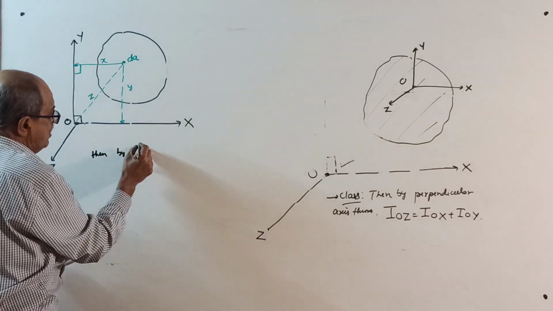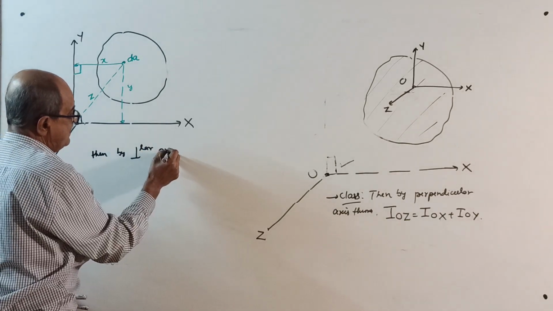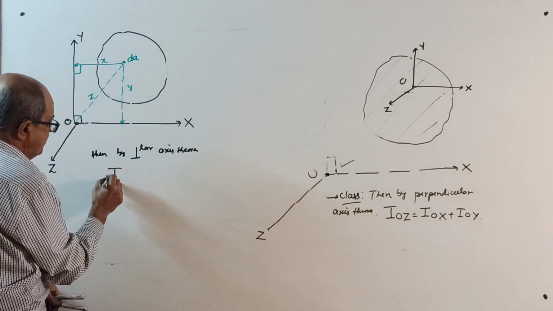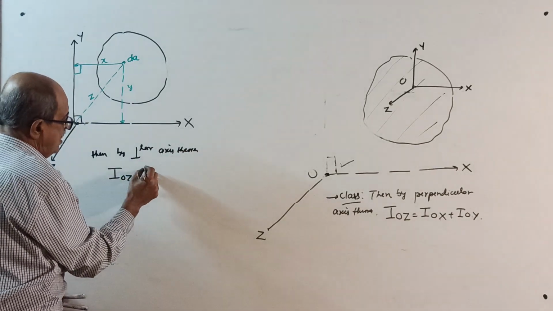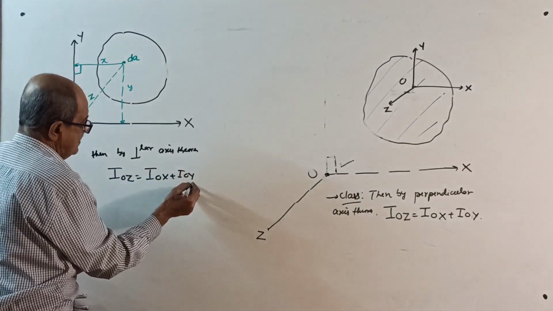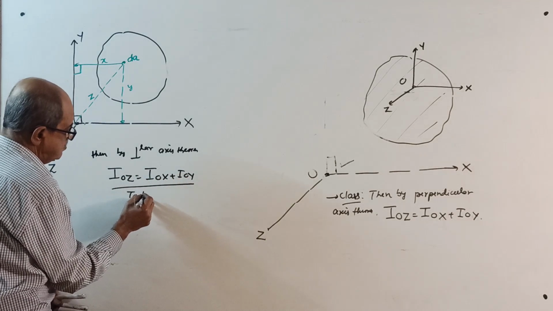Then write, by the perpendicular axis theorem, I about OZ equals I about OX plus I about OY. This is to be proved.